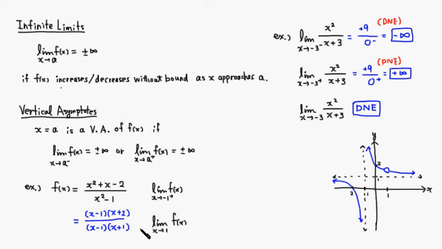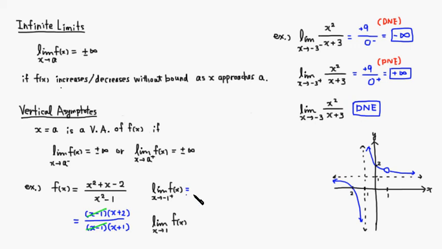Then let's take the limit of this function as x approaches negative 1 from the right. Before we take the limit, we can cancel common factors. The x minus 1 is in common.